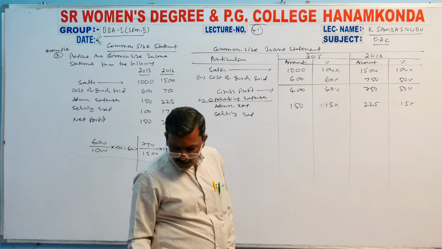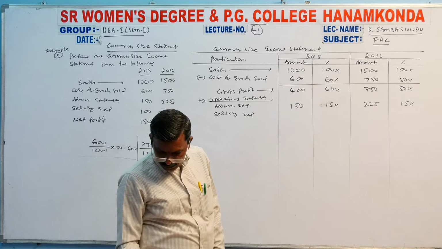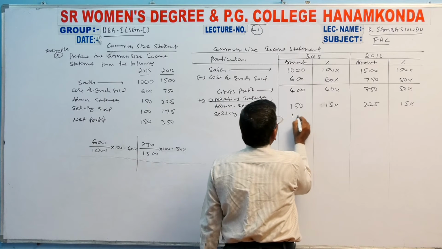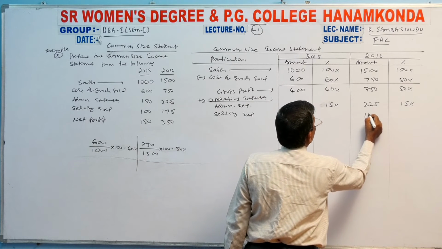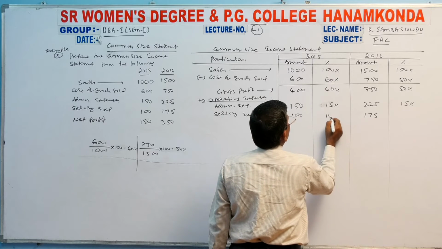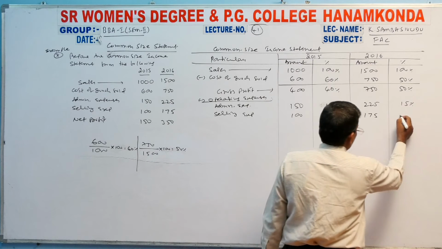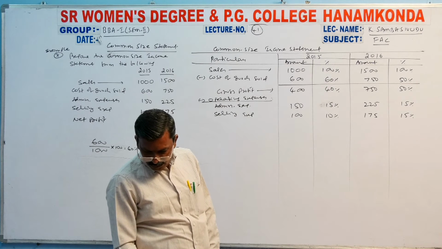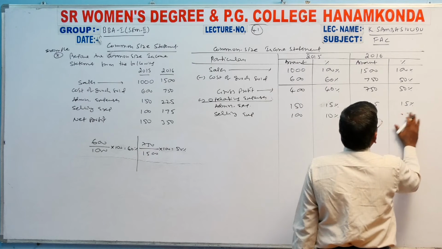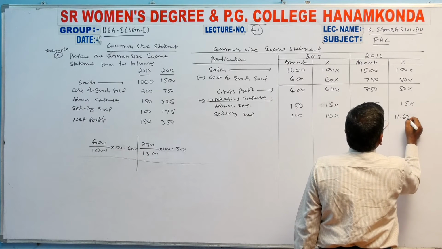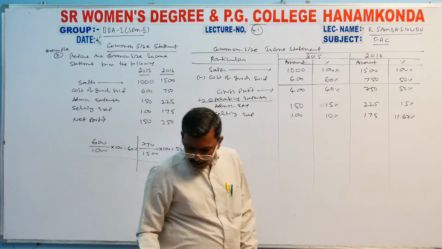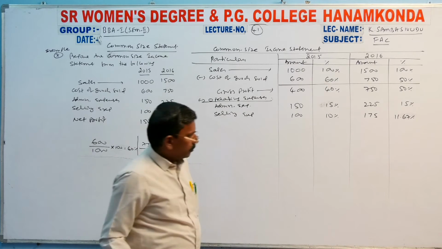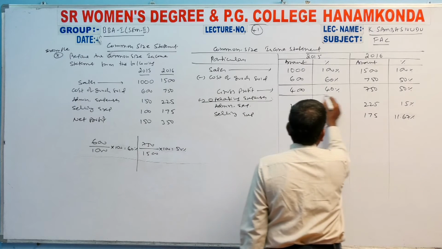Selling expenses here. So the total operating expenses here.